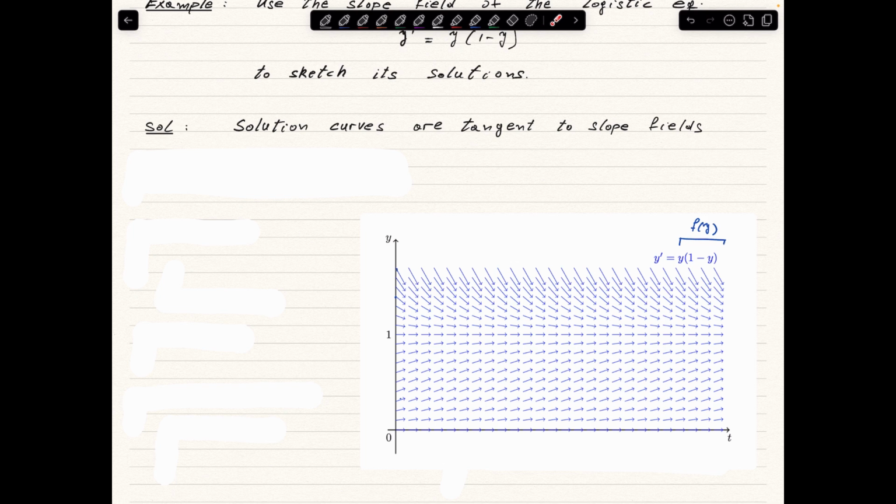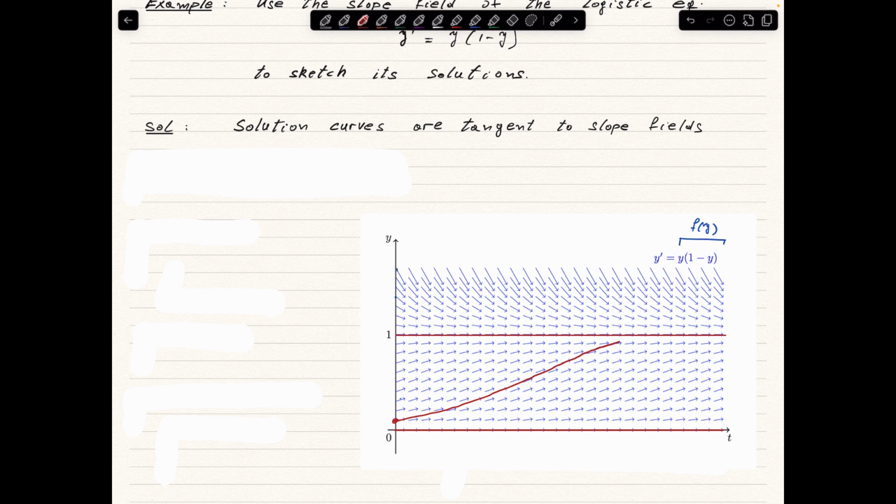And we see in this case at 1, we have a pretty nice solution, which is the constant solution equal to 1. Not exactly there. The solution 0 is right there. And the solution here, what is it doing? Well, the solution here has to go more or less. We cannot cross this slope field, so we need to go somewhere here.